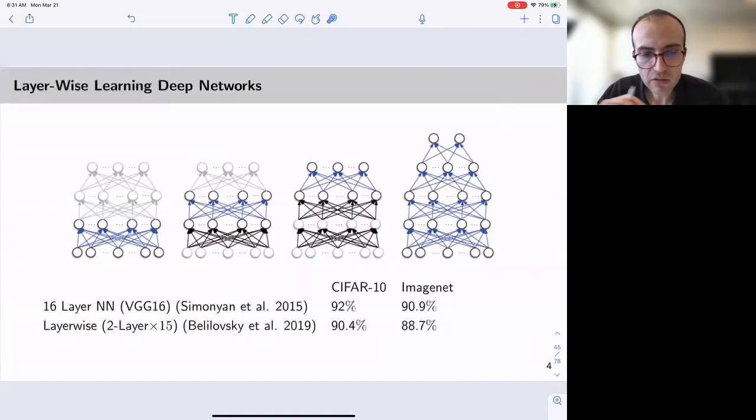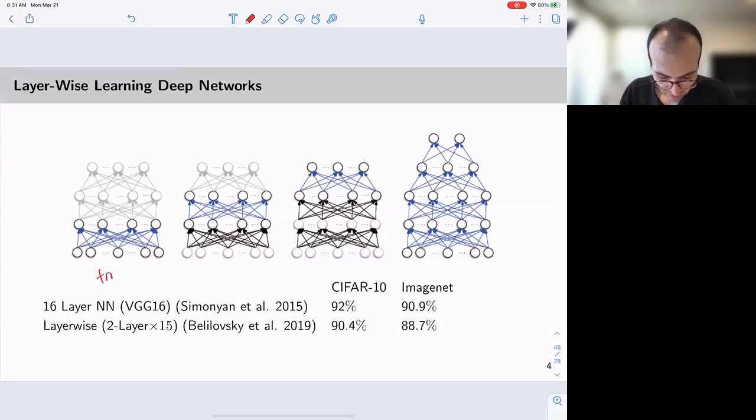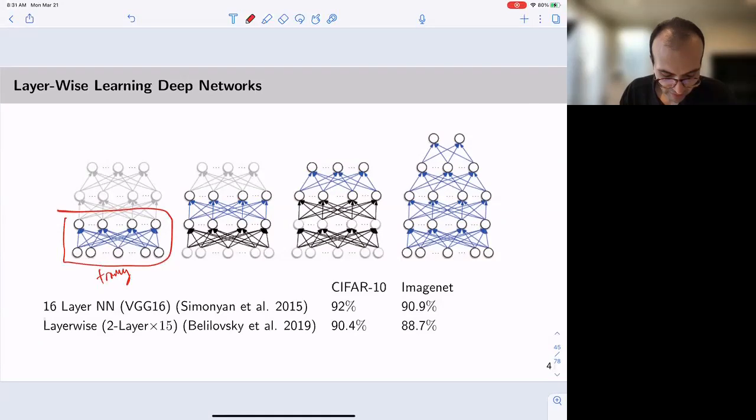Okay, that's a very good question. This layer-wise training approach was proposed earlier by Belilovsky et al. What they do is they take the data set and train a two-layer neural network. The training data goes in here, you train two layers and you fit the labels at the end of two layers.